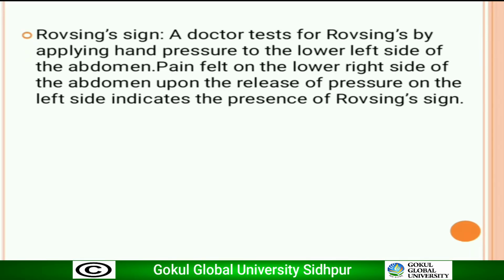And the Rovsing sign. A doctor tests for Rovsing sign by applying hand pressure to the lower left side of the abdomen, and pain is felt on the lower right side of the abdomen, the opposite side. The pain felt on the right upon releasing the pressure on the left side indicates the Rovsing sign.